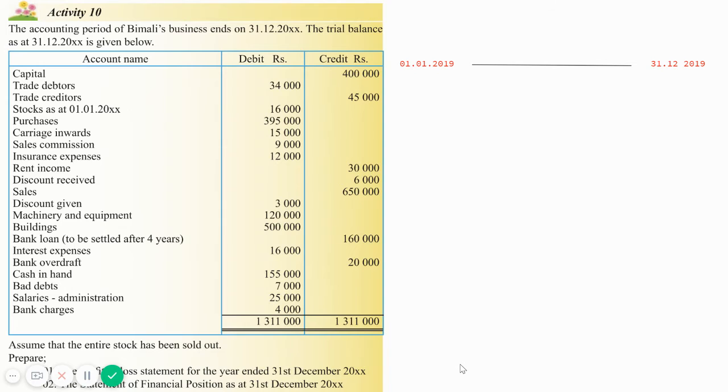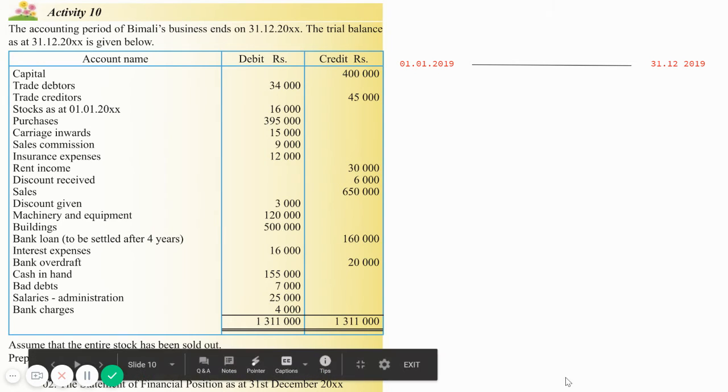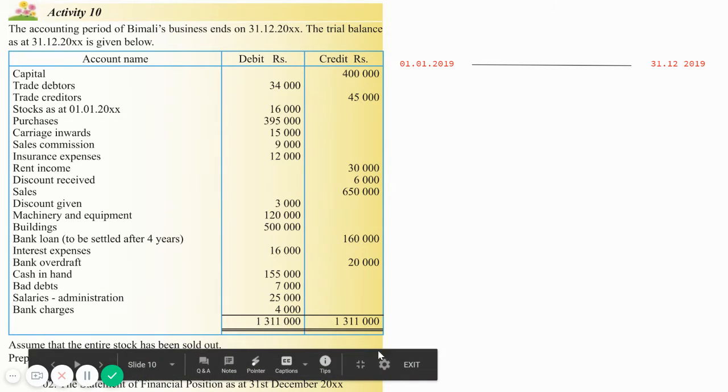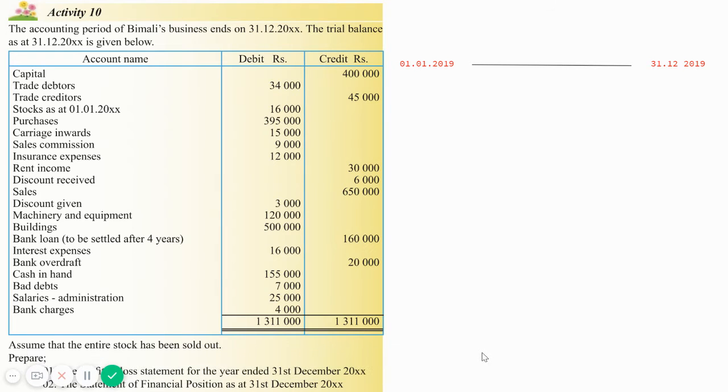So look at the wording: profit or loss statement for the year ended 31st December 2019, and the statement of financial position as at 31st December 2019. So the statement of financial position is for a particular date, the last date, 31st December 2019.